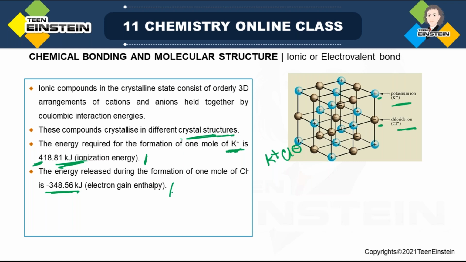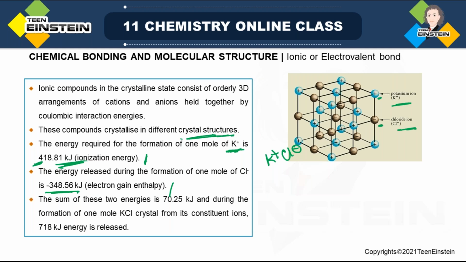If you add these two values, we get a positive value, because 418 is positive and then minus 348 is negative. So the sum of these two energies is basically 70.25 kilojoule, and this is one piece of information.